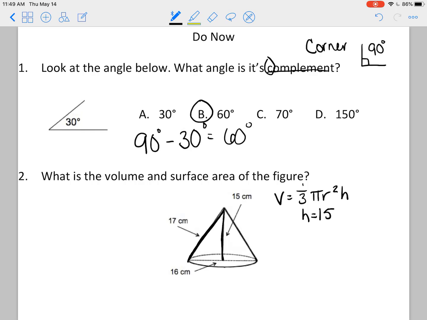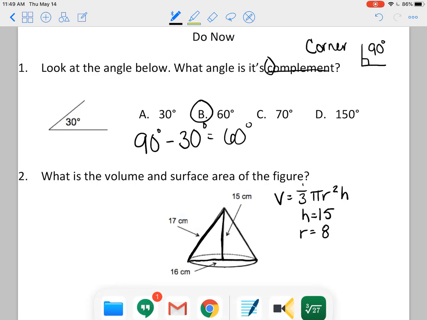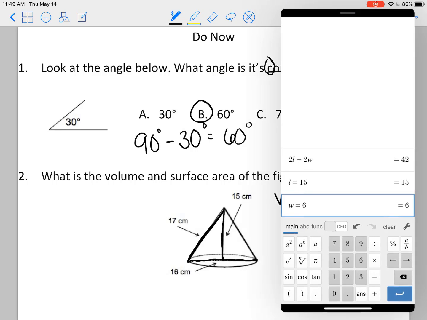So here, our height is 15. This gives us the diameter of the base, which is 16. The radius is 1/2 of the diameter. So if the diameter is 16, the radius is 8.